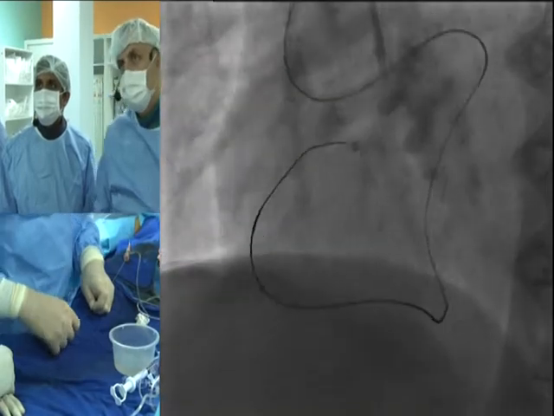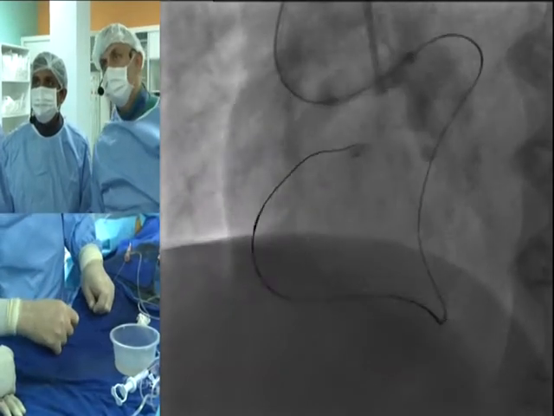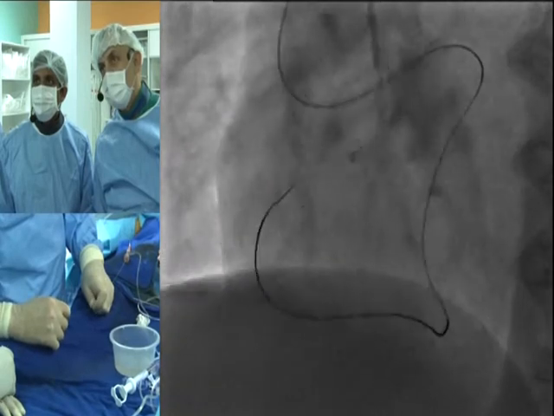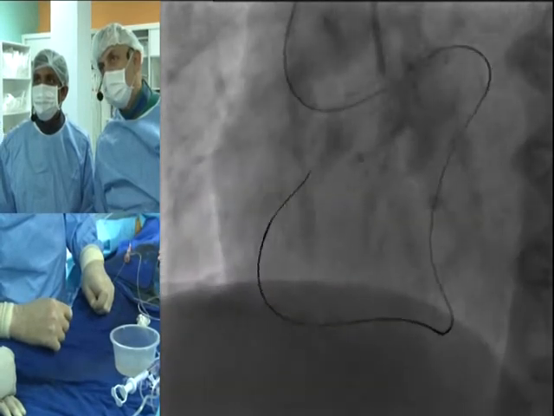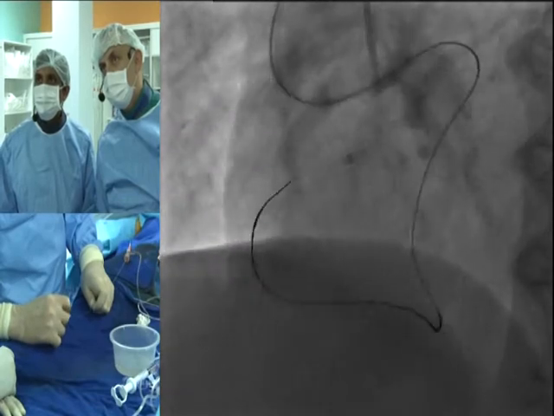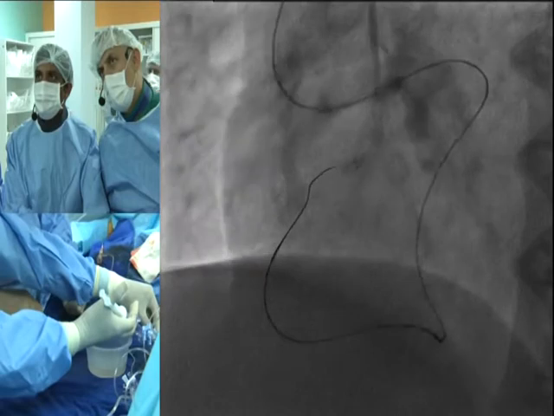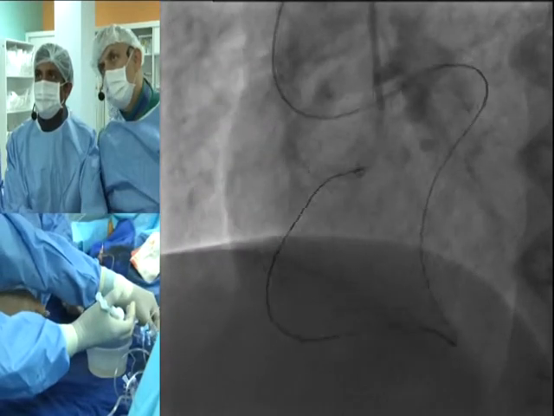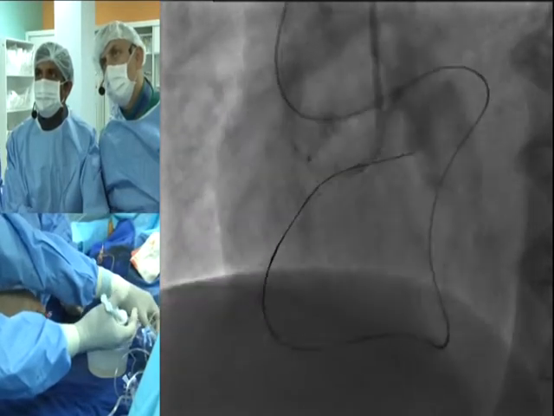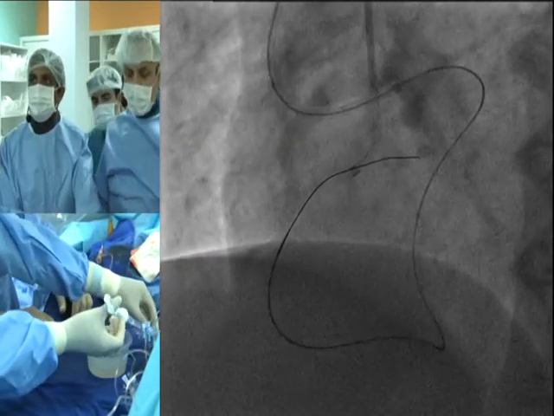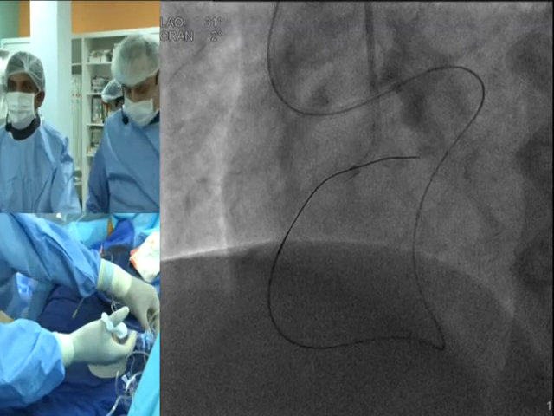You see, it's jumped into that part again. Yeah, it's jumping somewhere. Right there, I think. I know that I'm in the aorta.